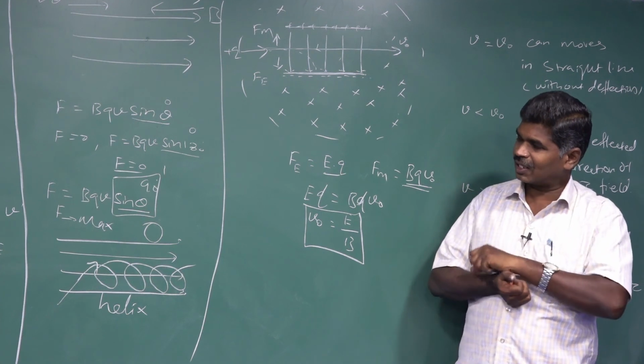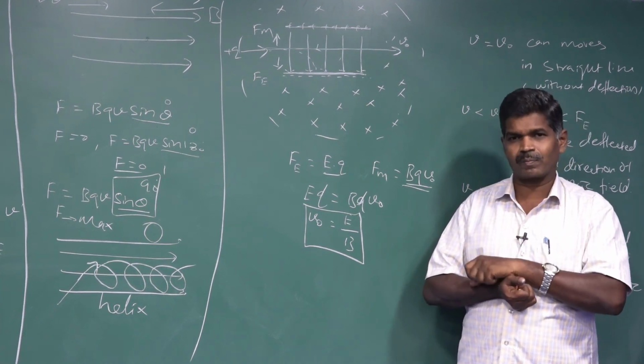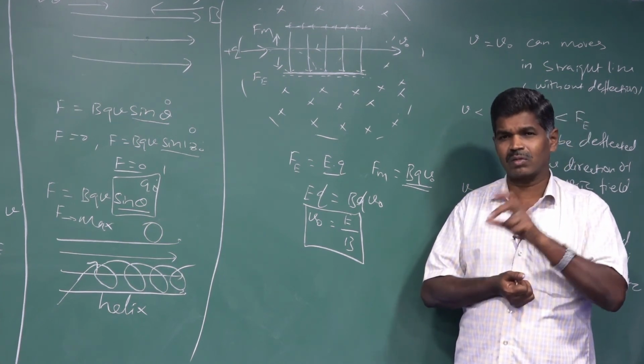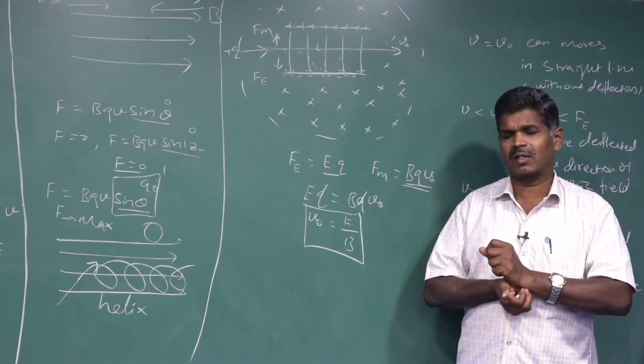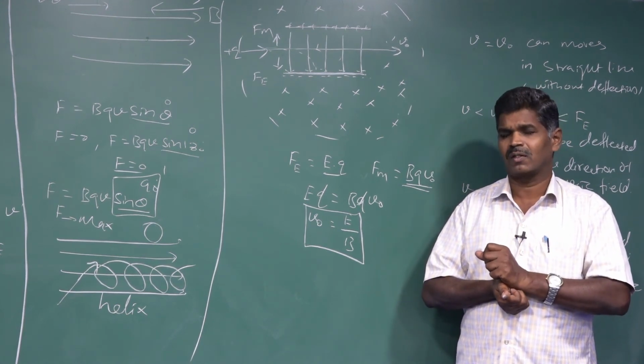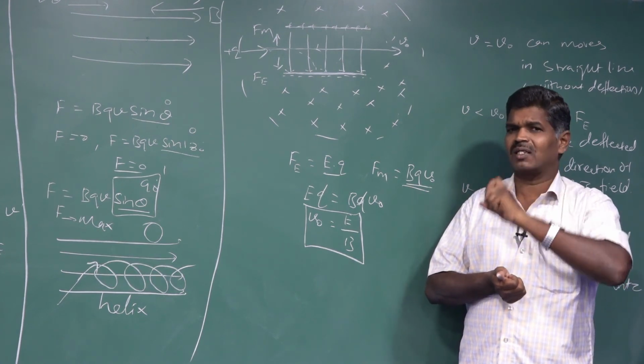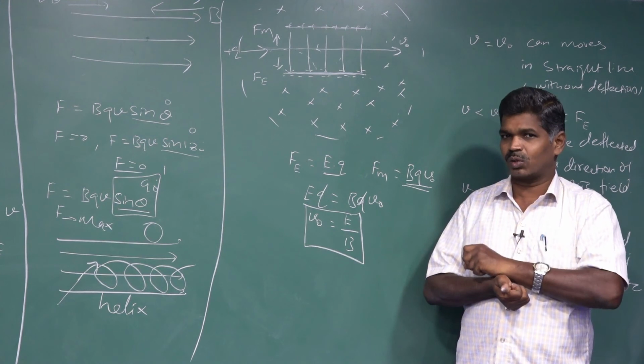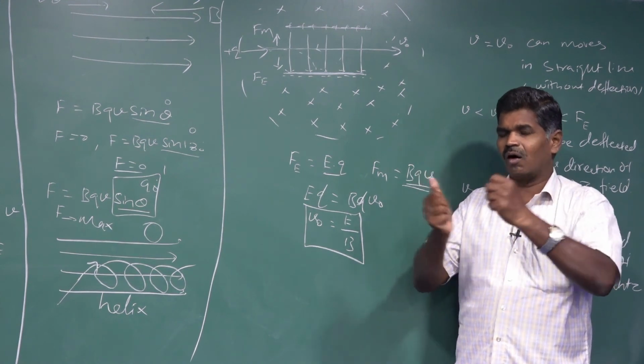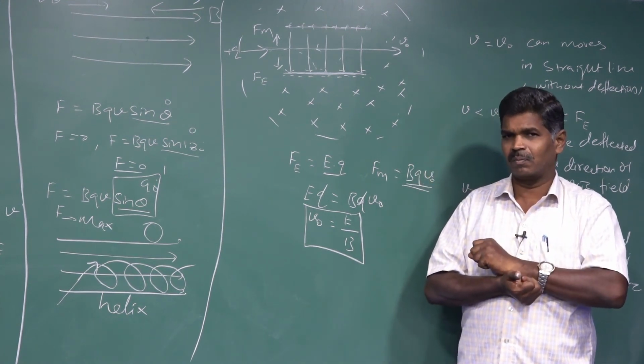This velocity selector is used in mass spectrometers. The most familiar mass spectrometer is the Bainbridge mass spectrometer, because there we select the isotopes from all the isotopic materials.